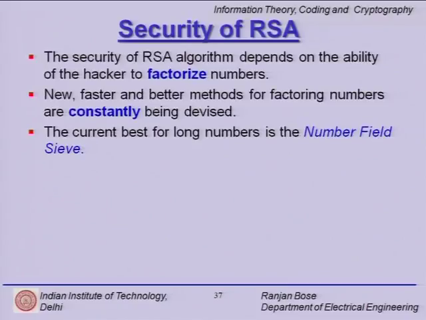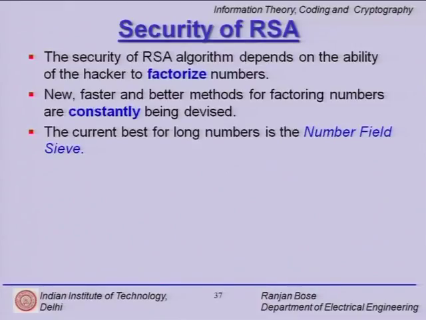What is the security of RSA? Well, the security of the RSA algorithm depends on the ability of the hacker to factorize numbers, because we have assumed it is easy to multiply, difficult to factorize. We know that better methods of factorization are coming out.